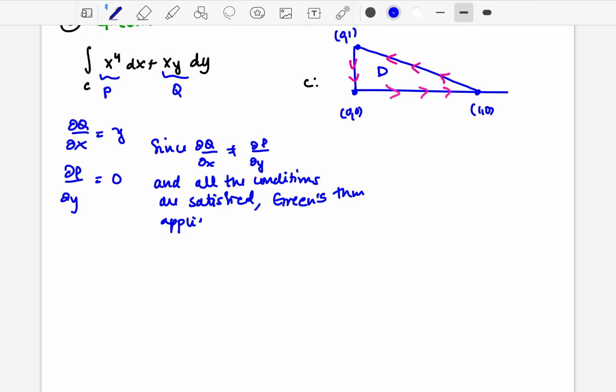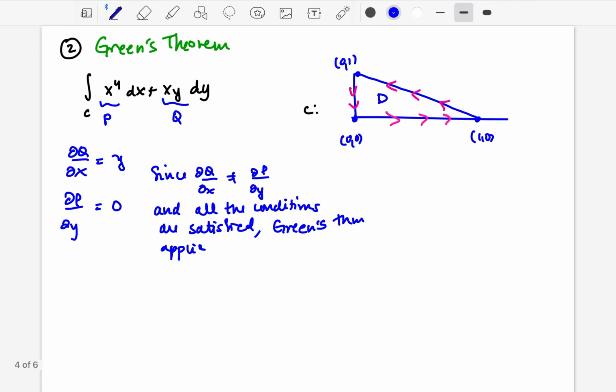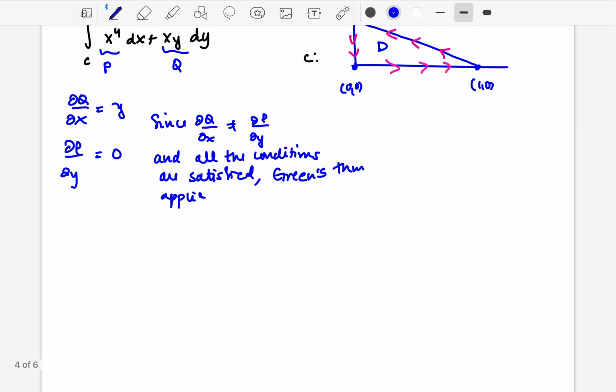So Green's theorem says that this is going to be equal to the double integral over D of dq dx minus dp dy dA, okay?